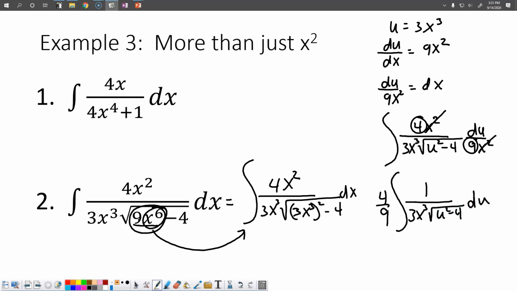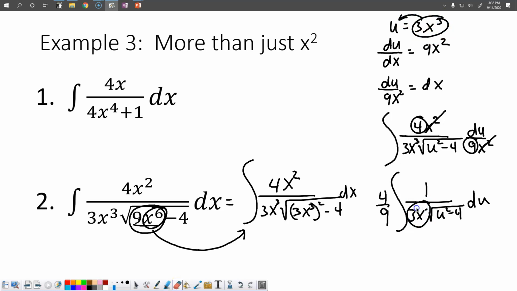You see how there's a little bit of a problem here? We have an x in there still. Now here's the good news. For the problems I'm giving you today, this is fitting the arc secant pattern, and because of that, it's always going to turn out this way. 3x cubed, I can just replace that with u right now.